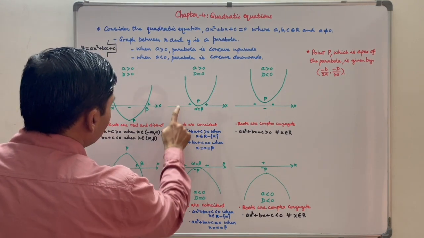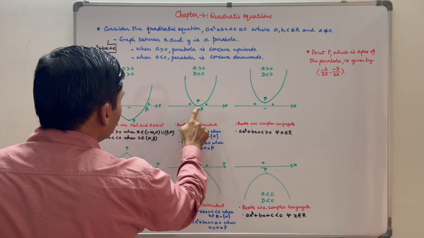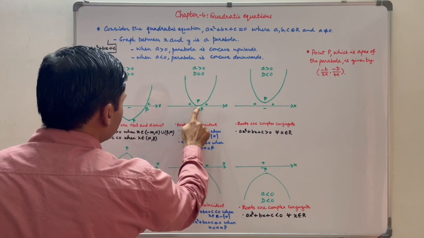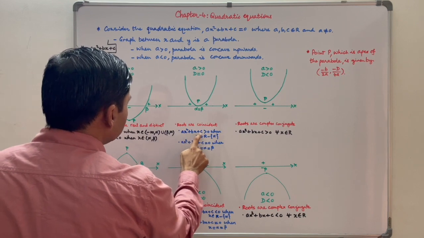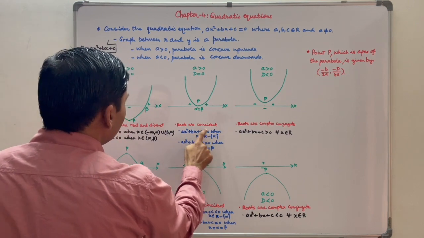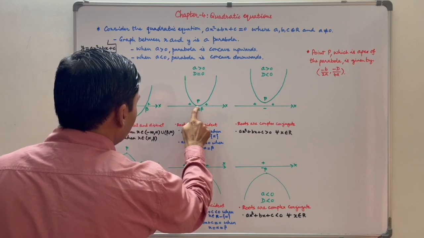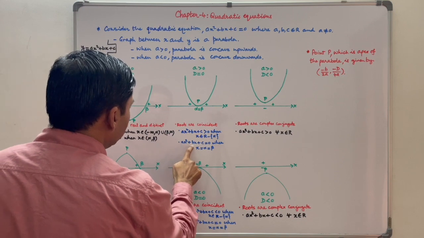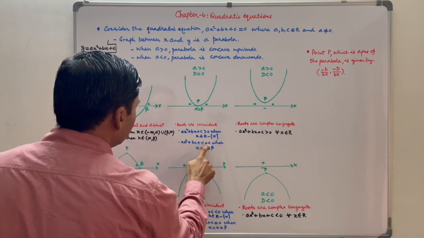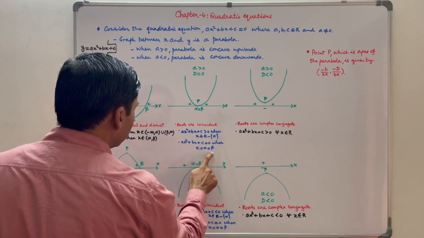In figure 2 and 5, d is equal to 0. That means roots are real and coincident. In figure 2, ax square plus bx plus c is greater than 0 for all x except when x is equal to alpha or x is equal to beta. And ax square plus bx plus c is equal to 0 when x is equal to alpha or x is equal to beta.